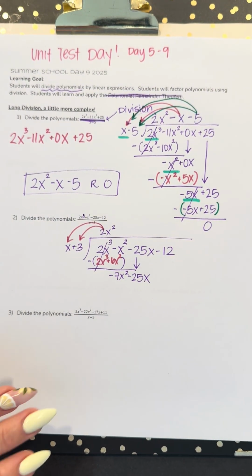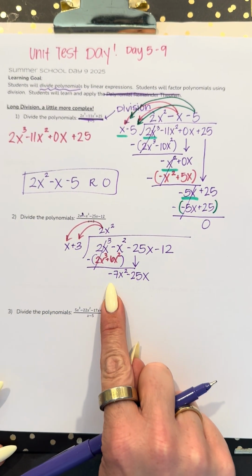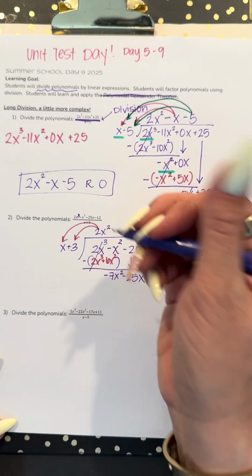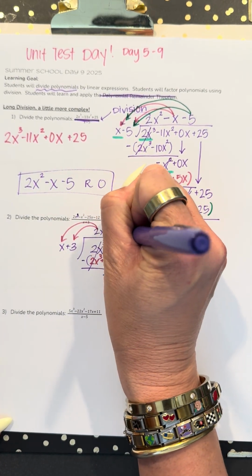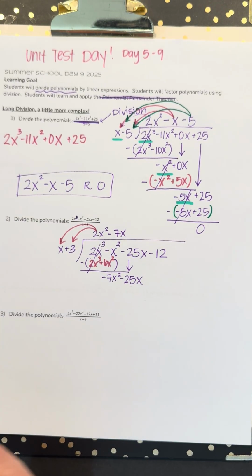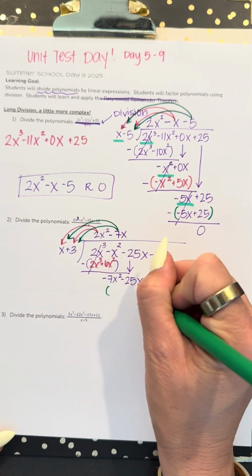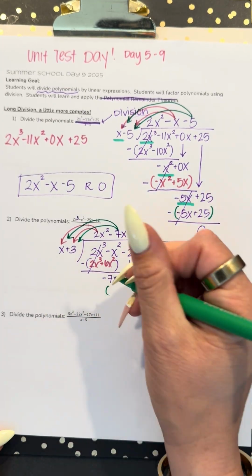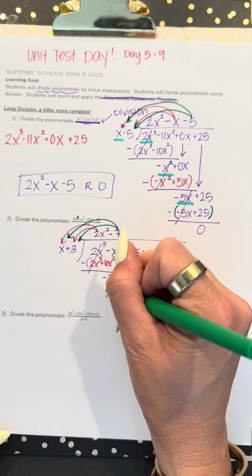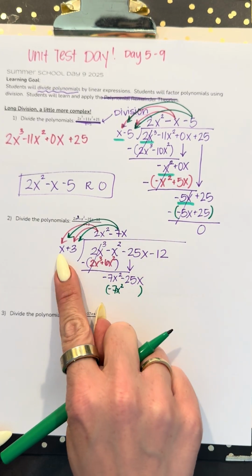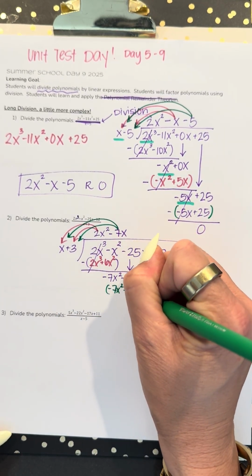Okay, perfect. And then x times negative x squared is going to be negative 7x. I will distribute this guy to everything in front. So in those parentheses, negative 7x times x is negative 7x squared. Negative 7x times 3 is minus 21x.